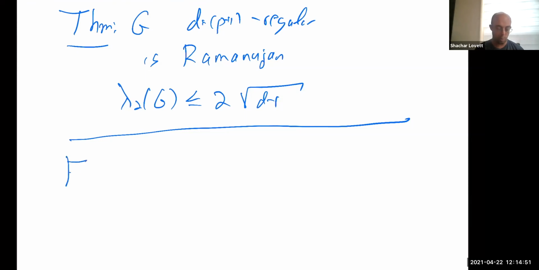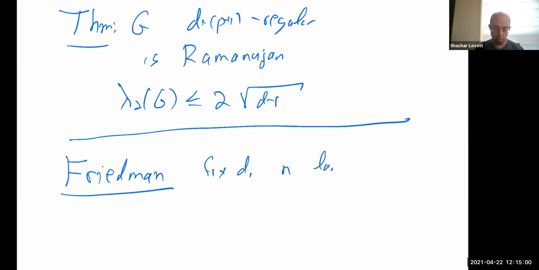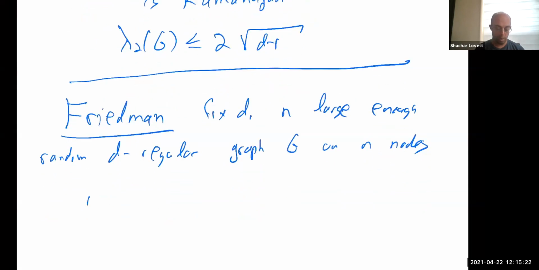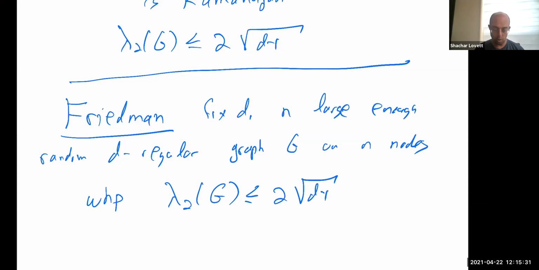There's actually a very remarkable work by Friedman. It shows that if you fix D, take n large enough, and you take a random D regular graph G on n nodes, so you just take n nodes and choose a random D regular graph from all the possible ones, then with high probability, lambda 2 of G is going to be less than 2 root D minus 1 plus epsilon.